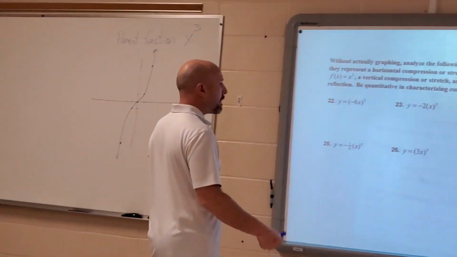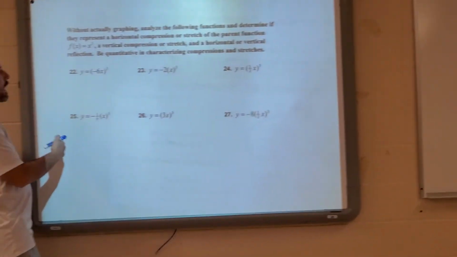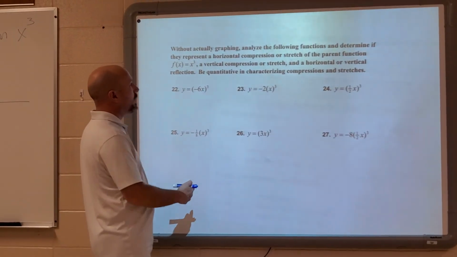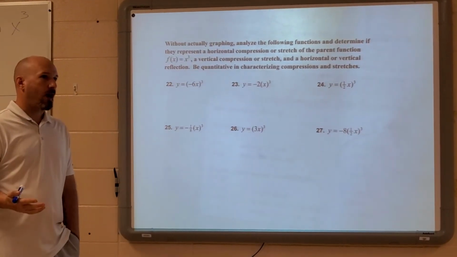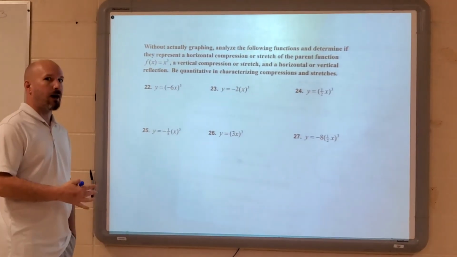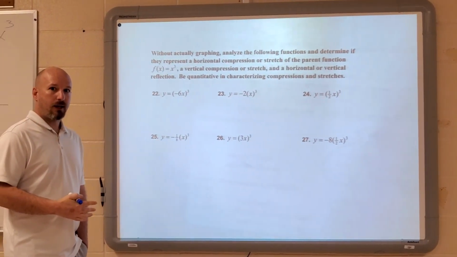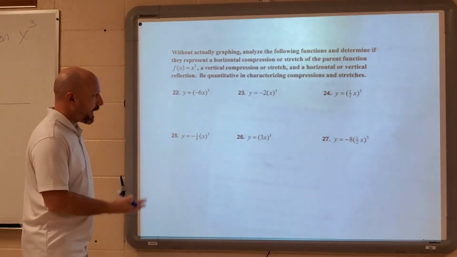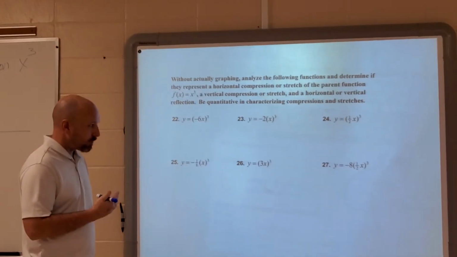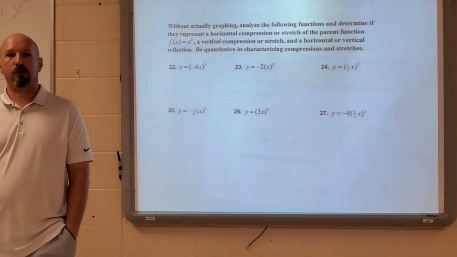But again, it's mainly about describing the transformation and what the stretch or the compression is doing to the graph. Okay, so again, mainly I'm after writing out what the transformations are going to be.